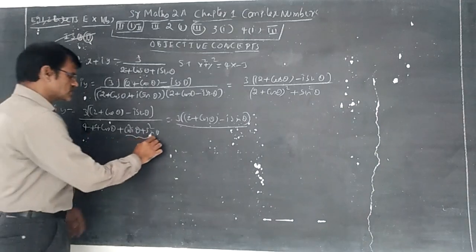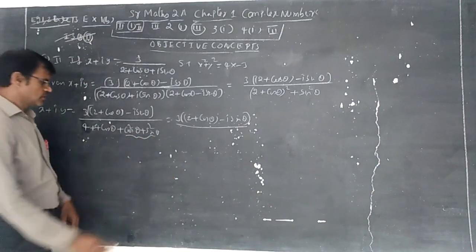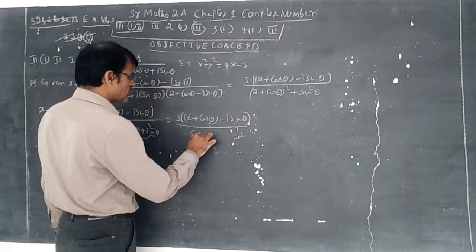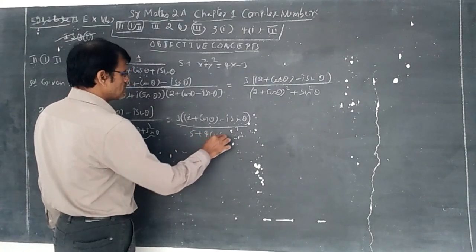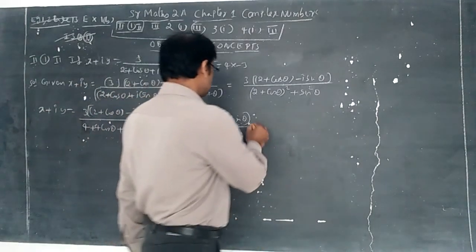Cos square theta plus sin square theta becomes 1, so 5 plus 4 cos theta we can write.